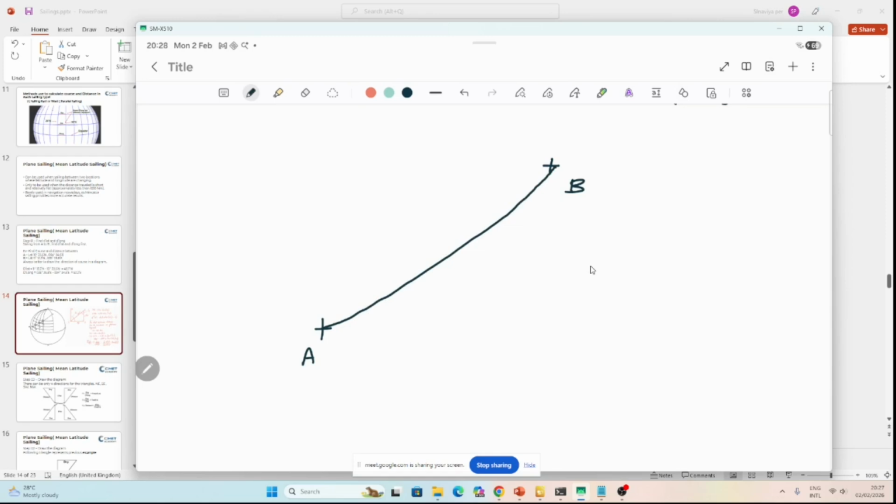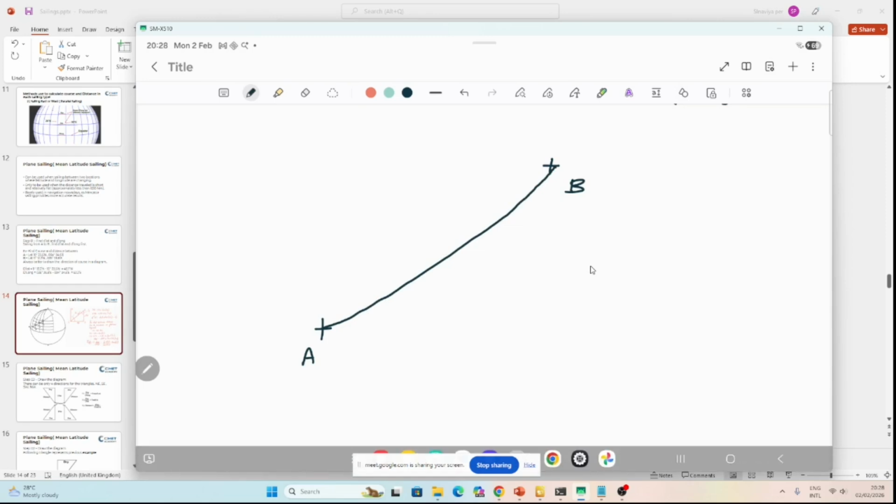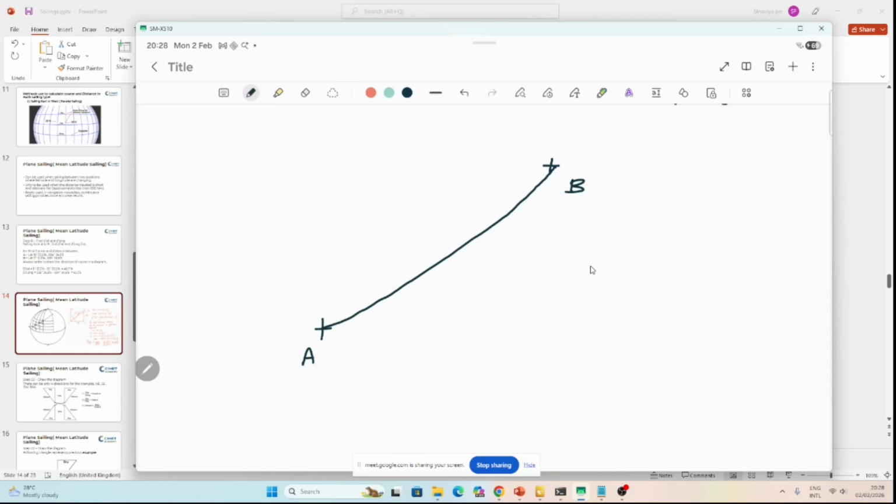So I'm going to divide this A to B into n equal d-lat. So what I did was this distance, this distance, this distance is equal to each other.